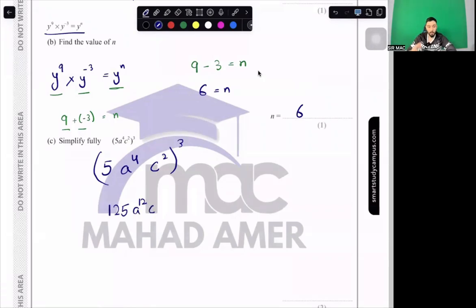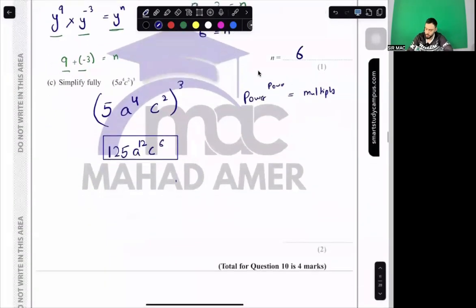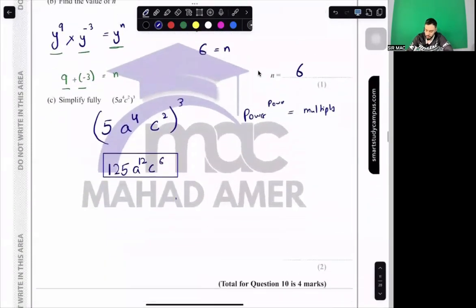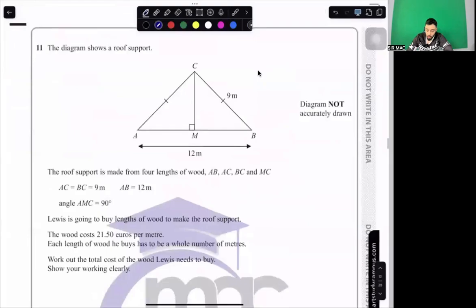And for c, 3 2s are 6. So power and power, they always multiply. So this is going to be the answer for this one. That's indices. So that's question number 10 done. Moving on to question number 11.